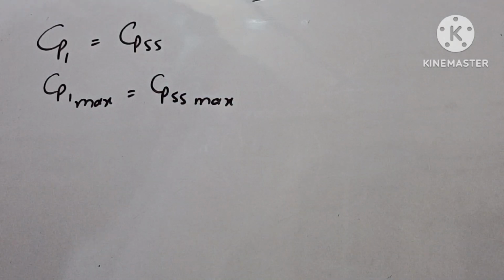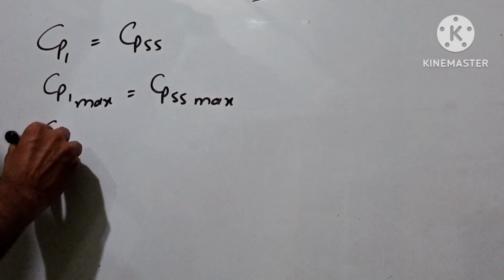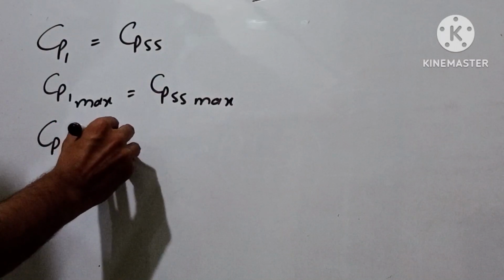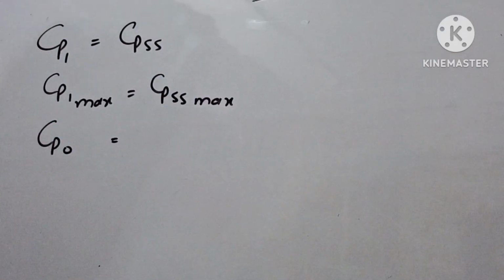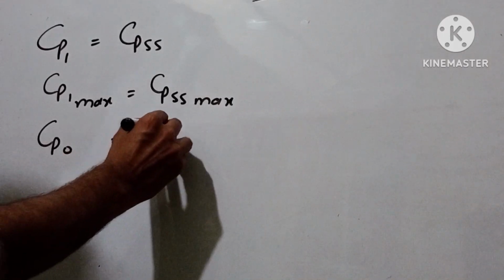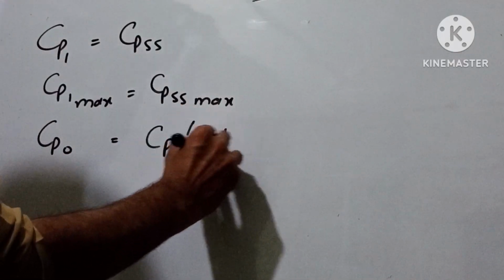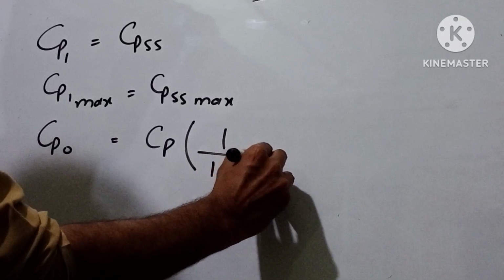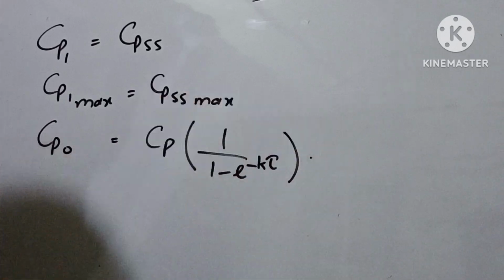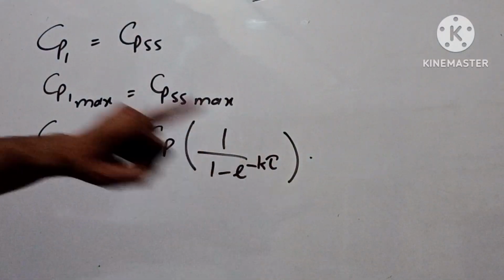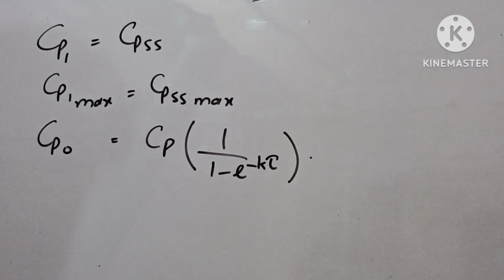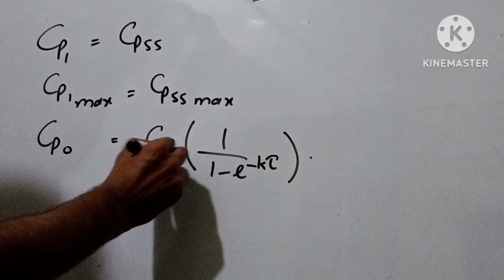The value of CP1 max is equal to CP naught, and CPSS maximum is equal to CP naught into 1 over 1 minus e to the power minus K tau, where tau is the dosing interval. Clear? Here is the CP naught.